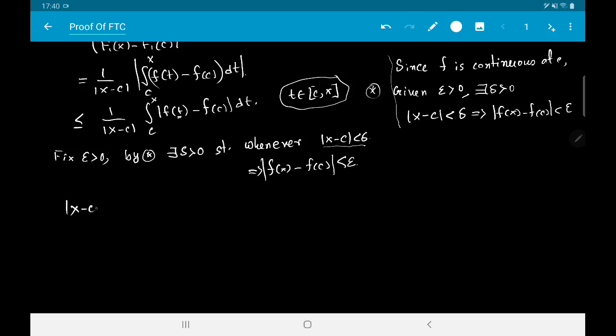So let me write down: |x − c| < δ implies |t − c| < δ, and that implies |f(t) − f(c)| < δ.